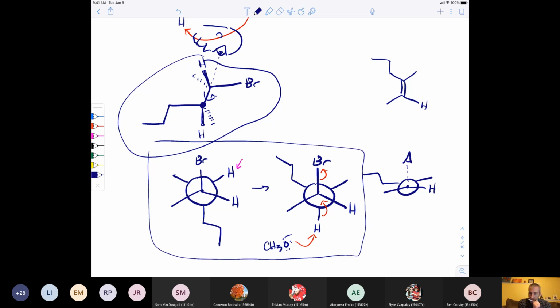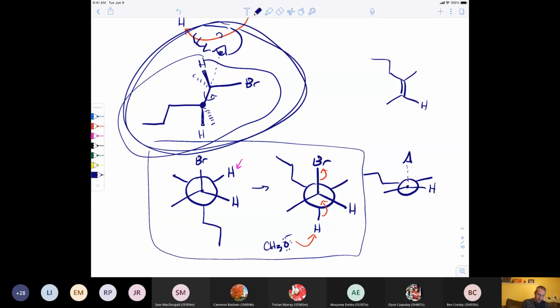Okay, so I think we have a couple of questions about these Newman projections still. And Tristan, I see your hand up. I'll get to you in a sec. Maybe the easiest thing to do here would be to try another example like this. See this one here, the one that's coming towards us is on the right only because that's the vantage I selected.